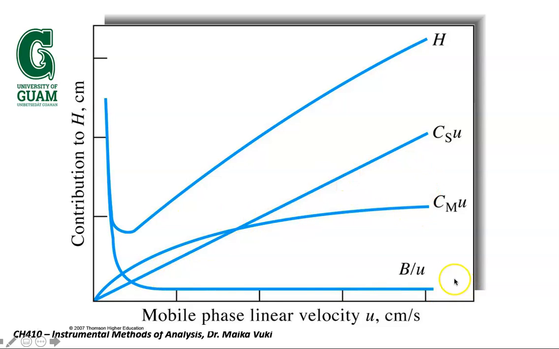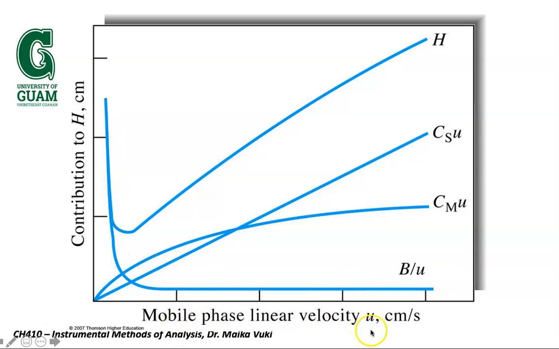Now you don't see the influence of A represented in here, because A is a linear relationship and it's not as critical compared to these three here. So B is an inverse proportionality.